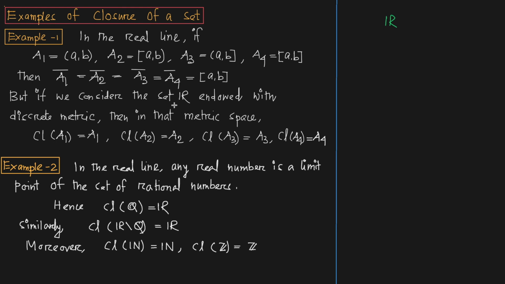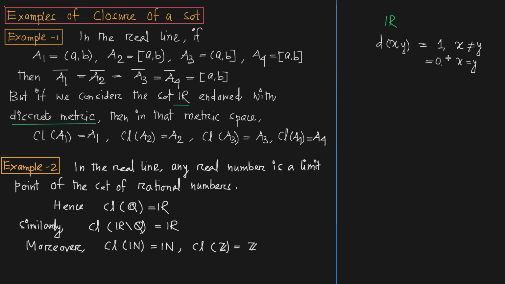But if we consider the set R with the discrete metric, we know the discrete metric: d of x y is equal to 1 when x is not equal to y, and 0 if x is equal to y.